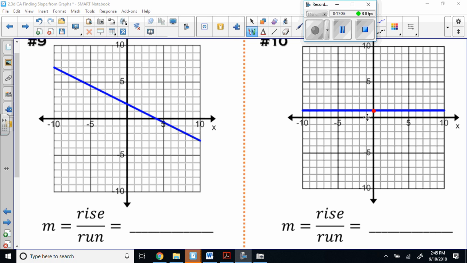So I can either go left or right on this, right? Doesn't really matter. I'm just going to go right over here. That crosses as a perfect grid. Now, how much did it change in the y's? None. How much did it change in the x's? Well, on mine, my points, it changed how many? 3.